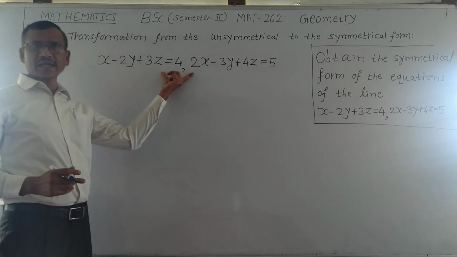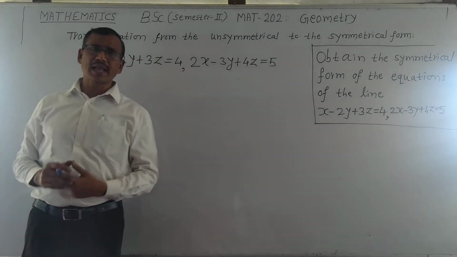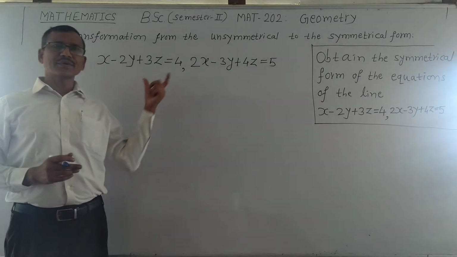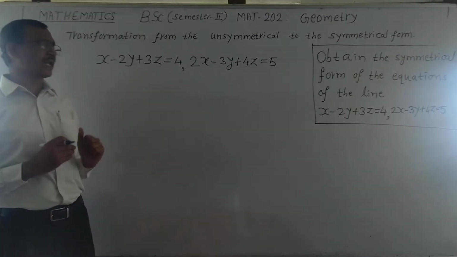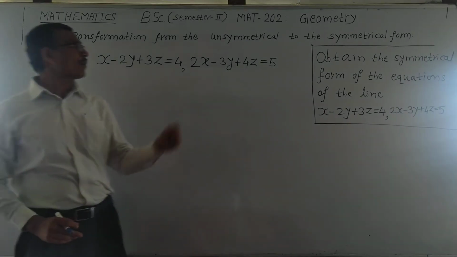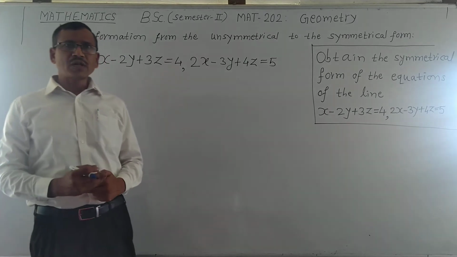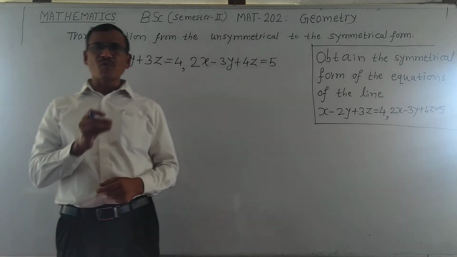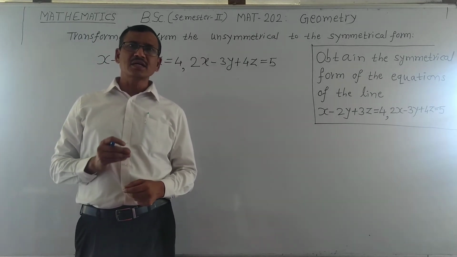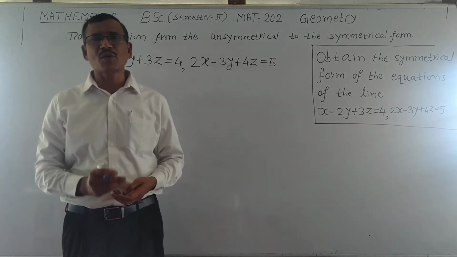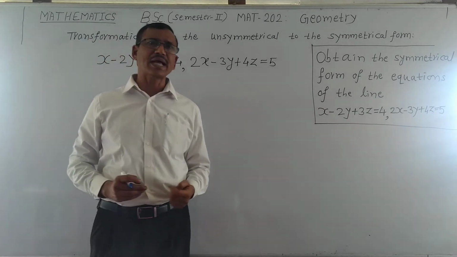These two equations taken together represent a line which is the intersection of these two planes. This is the equation of the line in unsymmetrical form. We have to obtain its symmetrical form. To obtain the symmetrical form, we require the direction ratios of the line and the coordinates of any one point which lies on that line.